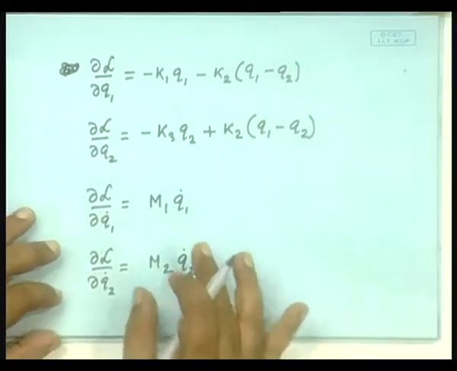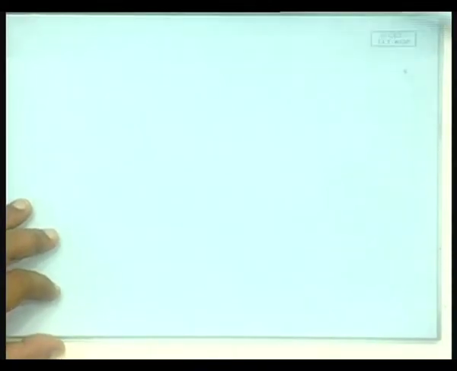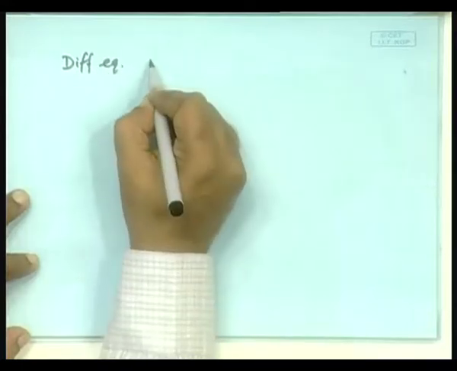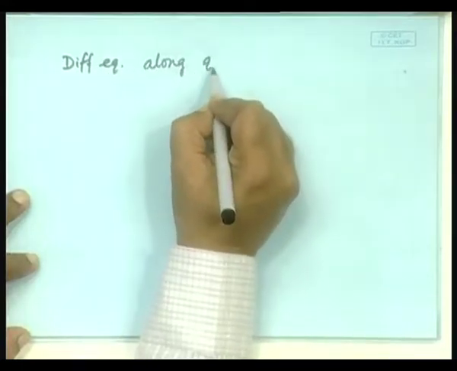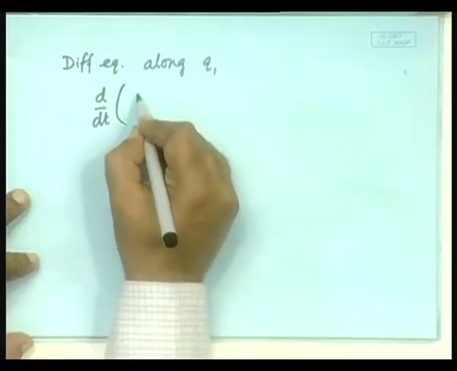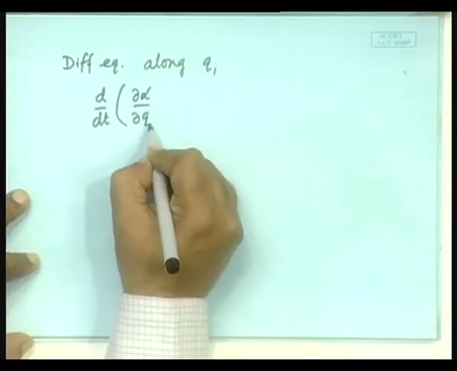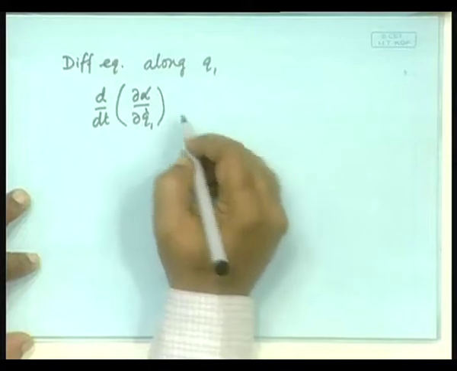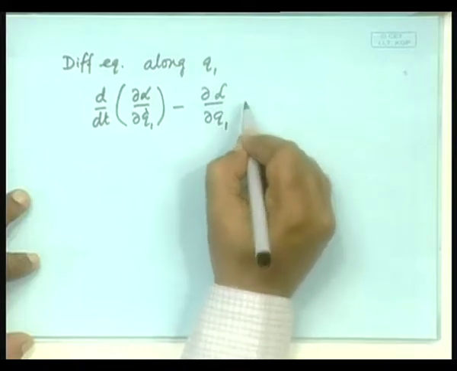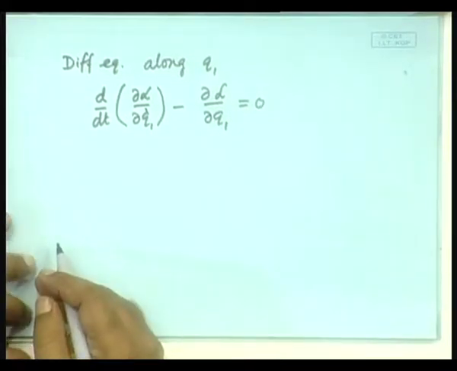The moment you have written down this, remember there would be two differential equations coming out of the Lagrangian formalism, one along q1, another along q2. So the differential equation along q1 would be d dt of the Lagrangian with respect to q1 dot minus the Lagrangian with respect to q1 equal to 0.